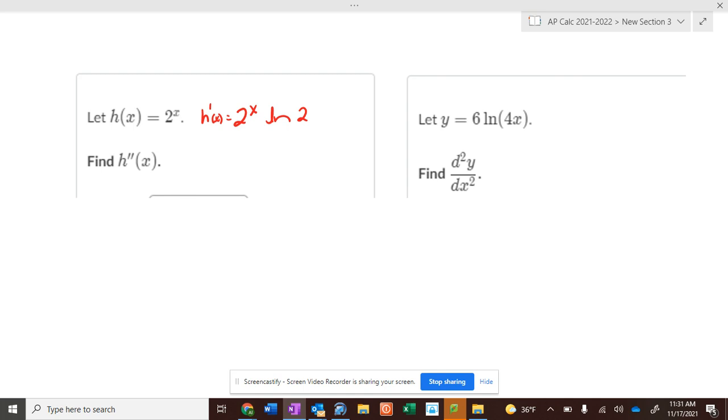Now, what would the second derivative be? Well, we'd have to use the product rule there, Ricky. Quit playing snake and pay attention to what we're doing. All right, so the second derivative equals the product rule. So it's 2 to the x. What's the first derivative of the ln of 2?